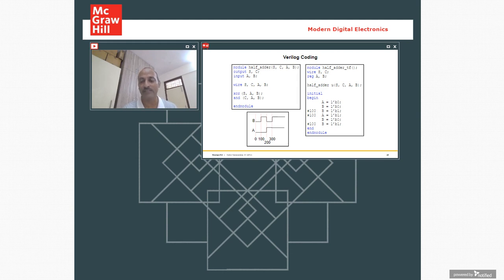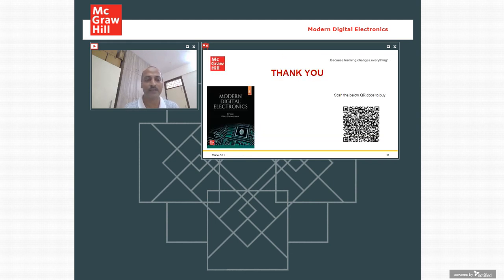ARM is also doing intellectual property level designs in India. So there are huge opportunities in digital hardware engineering. You need to have the basic fundamental concepts very carefully done. Then you can do it.